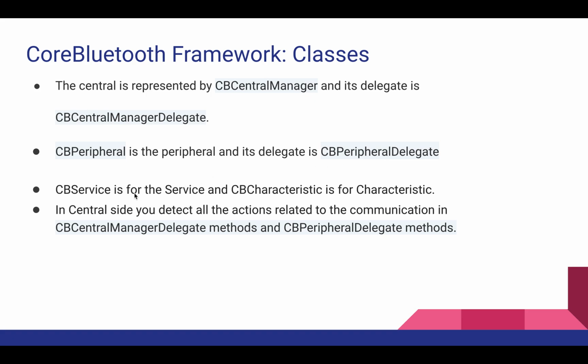We can get or create the instance of the service by using the CBService class, and for the characteristic we can use the CBCharacteristic class. On the central side, you can detect all the actions related to the communication in the CBCentralManagerDelegate methods and the CBPeripheralDelegate methods.